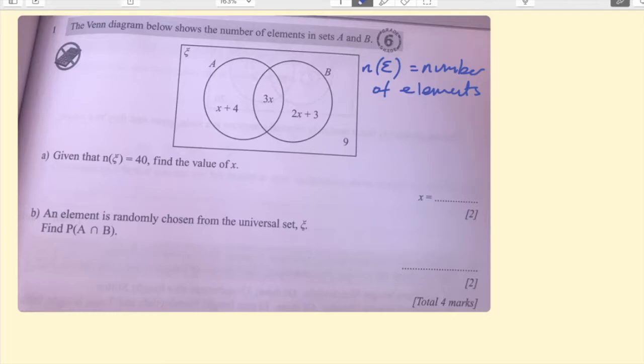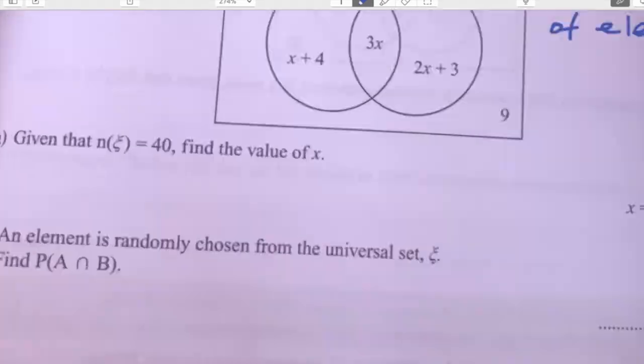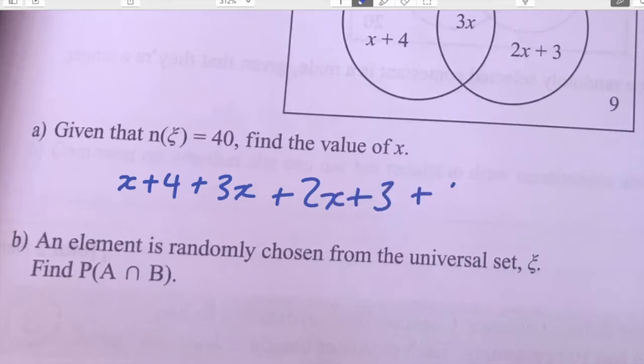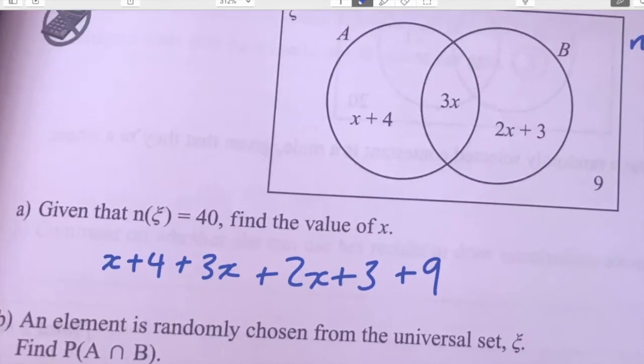So what that allows us to do is to create an equation. We can say that x plus 4 plus 3x plus 2x plus 3 plus 9. I've just added all of those elements up together. They must equal 40, right?